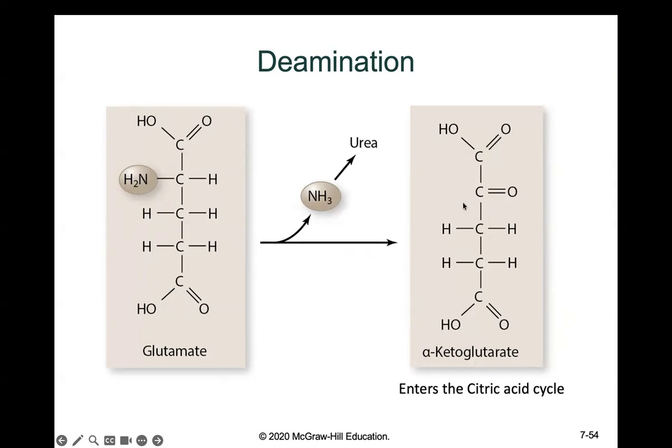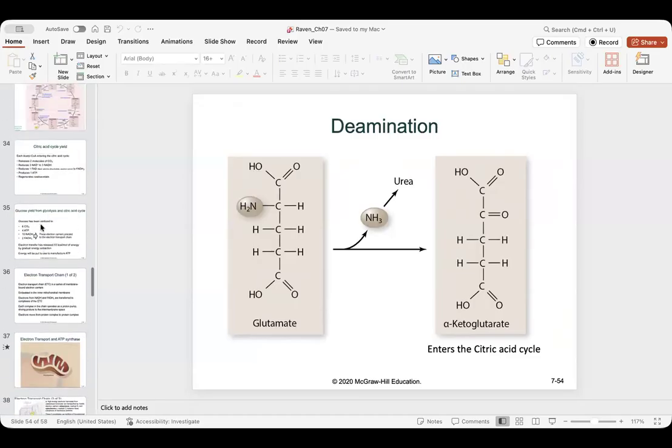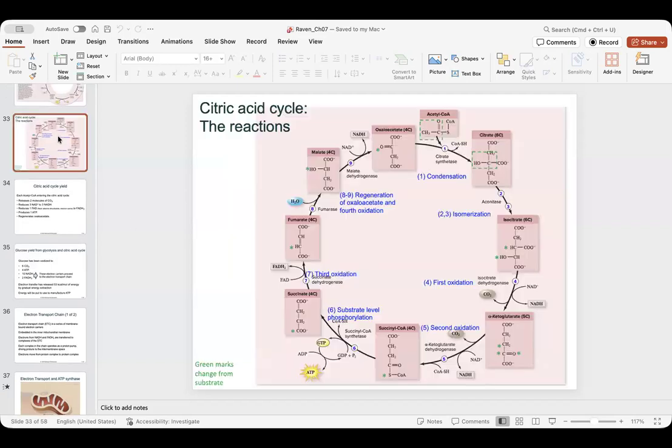This can enter your citric acid cycle. If we go back to the citric acid cycle, it's here. So this can now enter and do this again, and you start creating NADHs, ATP, all of these.